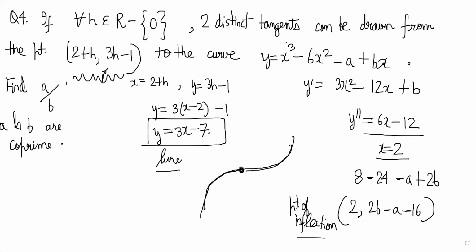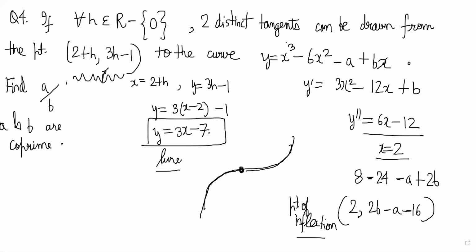However, on the line also there is a point (2, minus 1) when h is 0, right? The line is such that it passes through x is equal to 2, but maybe at a different level, (2, minus 1). So two distinct tangents can be drawn from all points of the line.